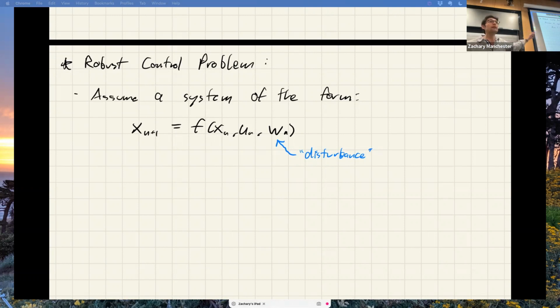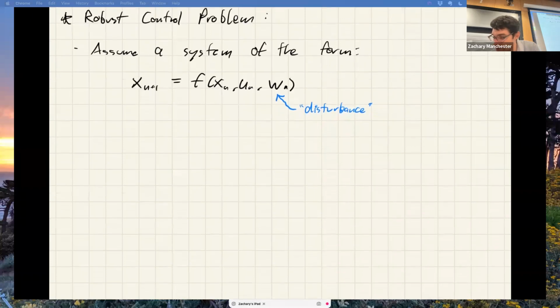If this were a quadrotor, it could represent wind, steady wind or a gust, pretty much anything that you can think of that might mess up the system. You can bury that in W. And it doesn't have any particular properties here. It doesn't have to be zero mean Gaussian. It doesn't have to be anything. It can be whatever you want. So it's a lot more general in some sense than the stochastic stuff we talked about last time.